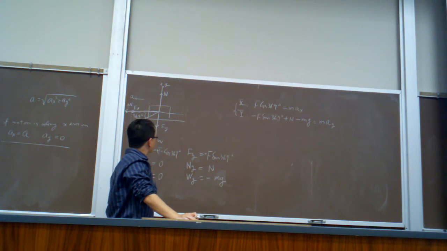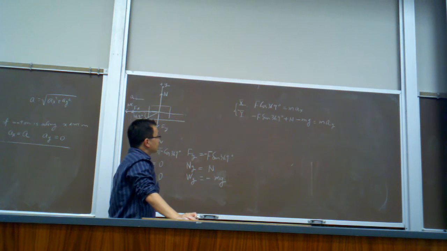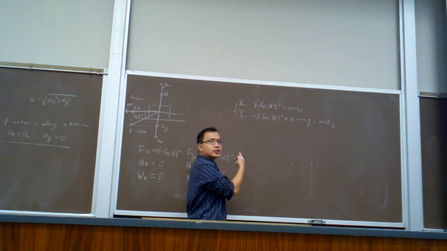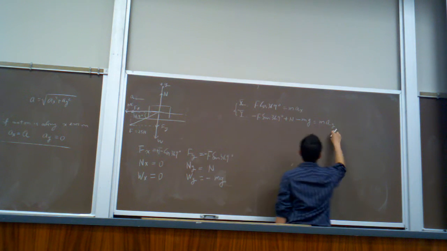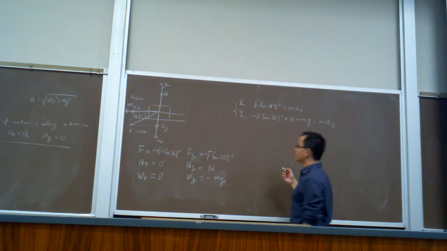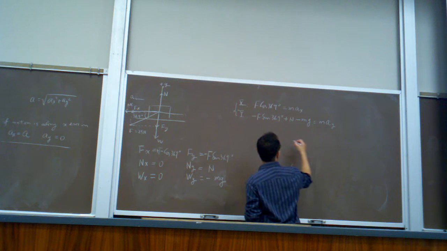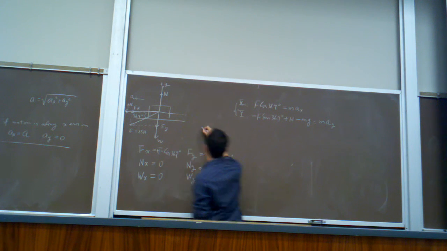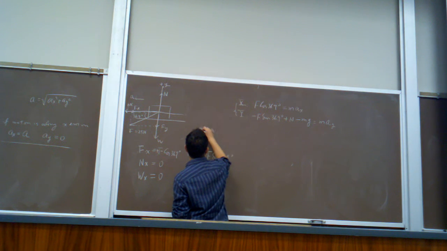Now, you can further simplify the equations here. You just check, do you know something about ax and ay? Yes, we do. In this case, ax equals a and ay equals 0, right?